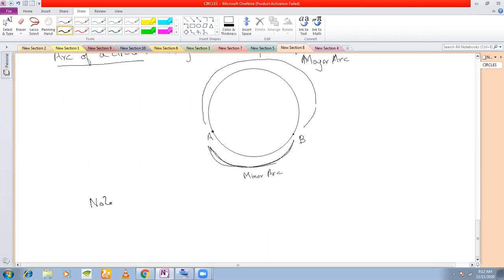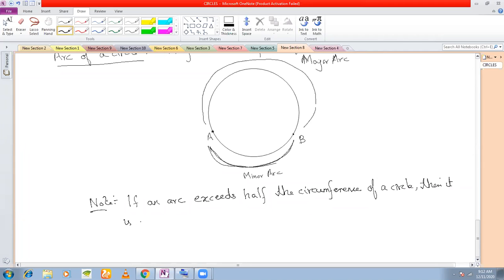Note, if an arc exceeds half the circumference of a circle, then it is called a major arc. Otherwise, it is called a minor arc.